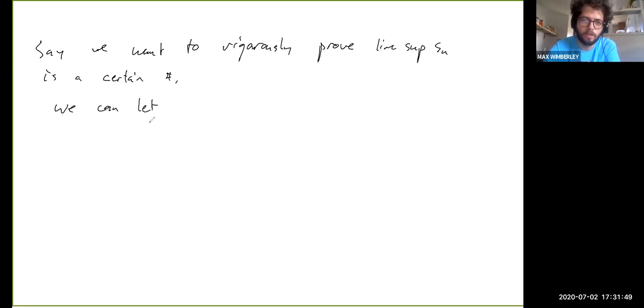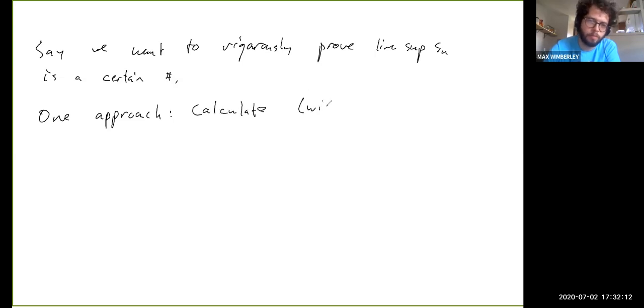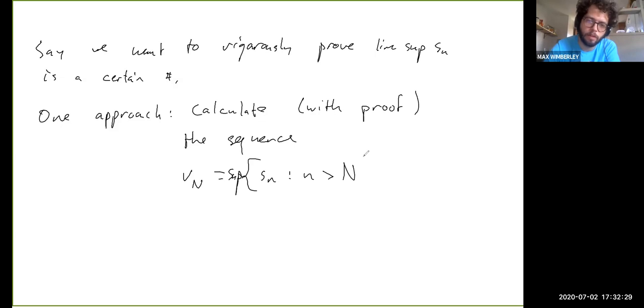Well, I don't know, actually, there are sort of two different ways of doing this. One approach would be to calculate, with proof, the sequence V capital N, which is the supremum of Sn for n greater than capital N, right?